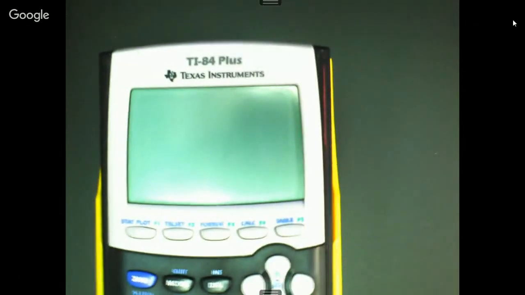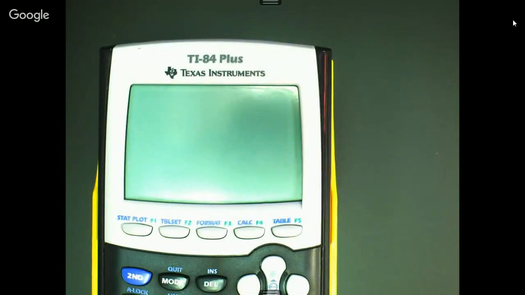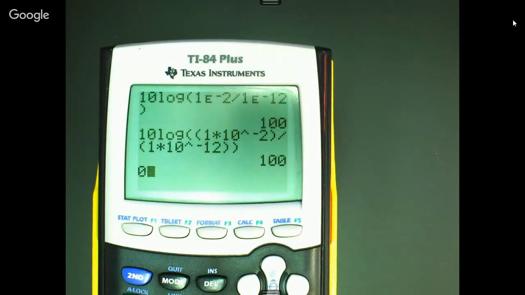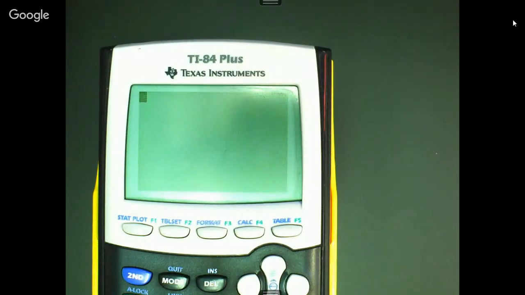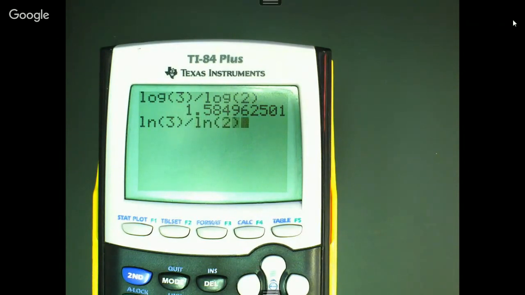Okay, so if we go back to log base 2 of 3, we'll simply say log of 3 over log of 2. And I'll put it like that. Or we could say ln of 3 divided by ln of 2. And we'd get that same answer no matter what I do.